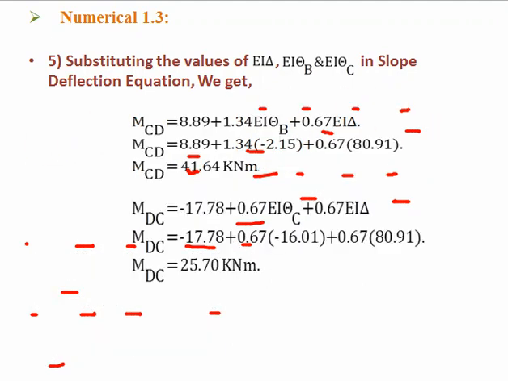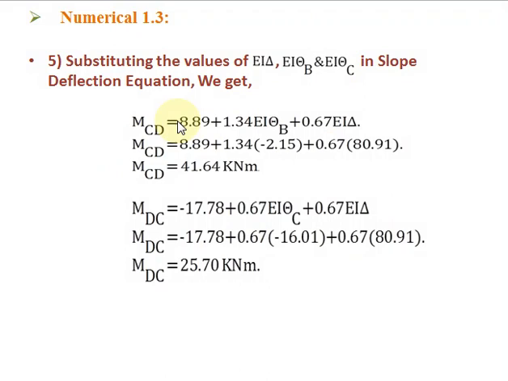Then next one, the end moment equation of MCD is equal to 8.89 plus 1.34 EI theta C plus 0.67 EI delta. Putting their values of EI theta C and EI delta, we have MCD is equal to 41.64 kilonewton meter.